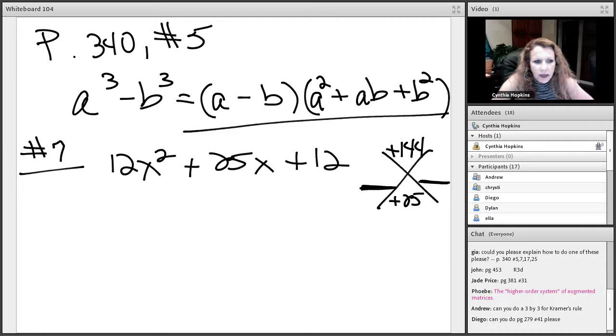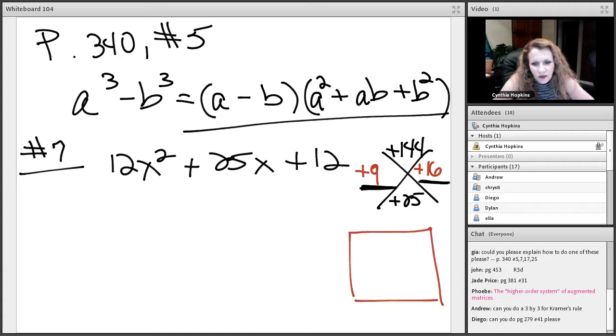When I think about my signs, they both need to be positive. I happen to have done this example earlier today, and I remember it was 9 and 16. 9 times 16 is 144, and 9 plus 16 is 25.